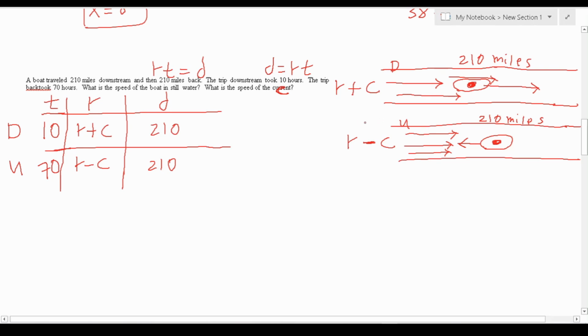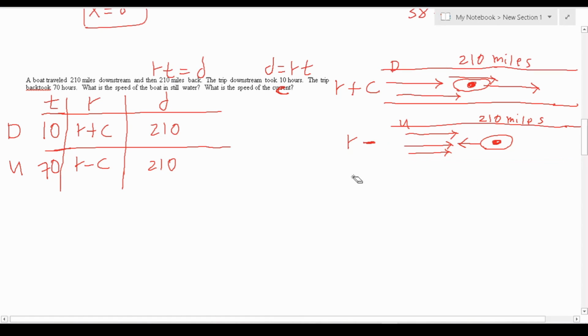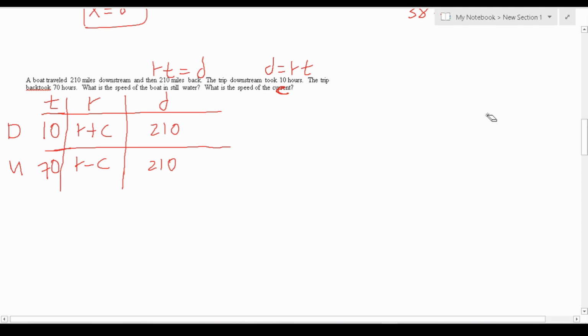So now, let me go ahead and get rid of our drawing since we're going to need the space to do the work. Now we have to do some algebra to come up with a system of equations, and it's fairly simple.